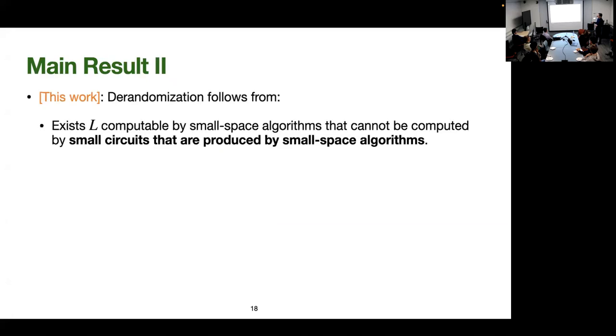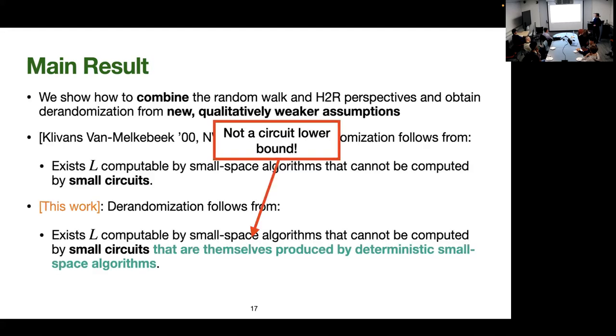Sorry, just to make sure I understand it correctly. So the assumption is that if you want your small space algorithm to compute L, no problem. But if instead you wanted it to first give you a small circuit that will then compute L, then forget it. Yes.